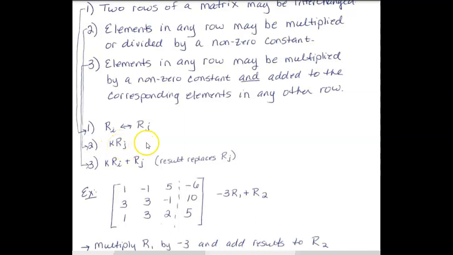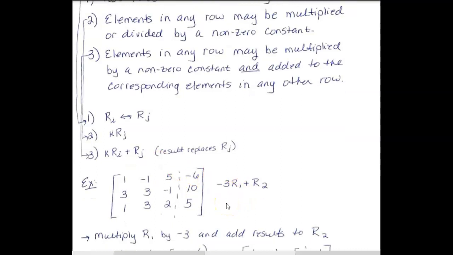So if it said do 4R1, it means multiply all of R1 by 4. And then the combination, step 3, multiply a row by a constant and then add those numbers to another row, would look like this. And the result of doing this will replace the row you're adding them onto. So that would replace whatever row j was.